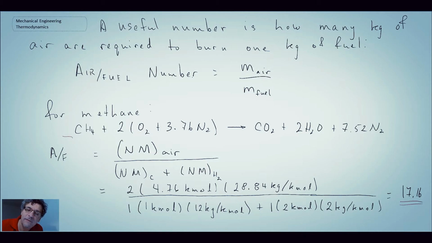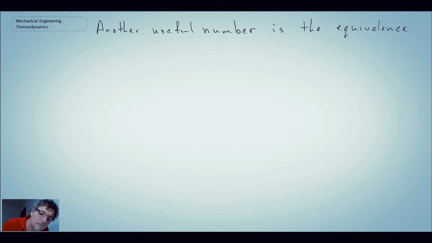So that's the air to fuel ratio, and you can compute that for whatever fuel you might be combusting. The last thing that I want to take a look at here is another useful number, called the equivalence ratio. The equivalence ratio is capital Phi.